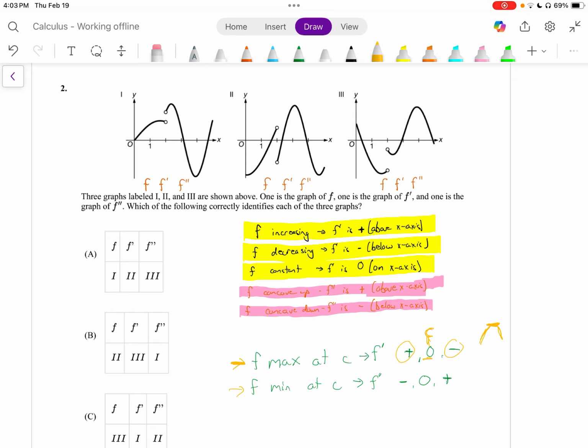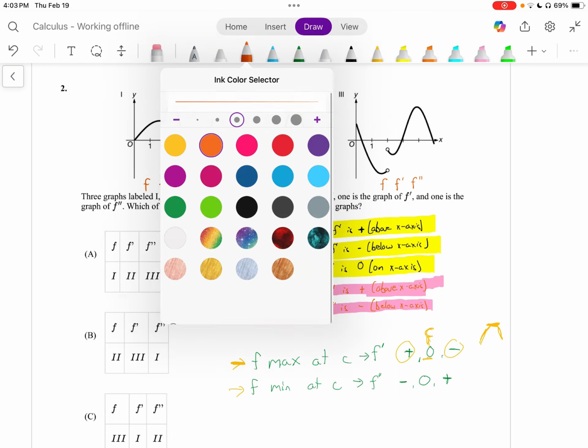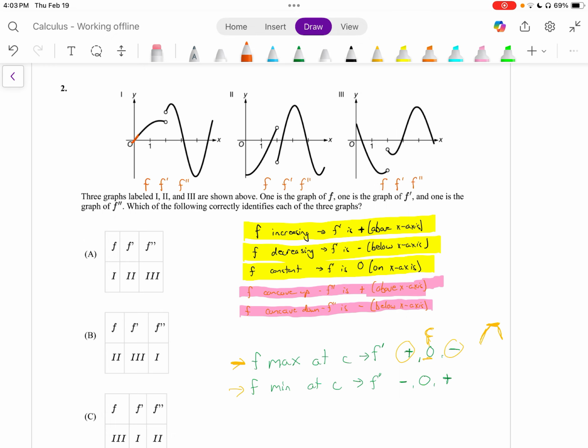So as we look at this first one, we have a positive, this is increasing, which means if this were my original function, the first derivative would have to be positive up until about 1.5.